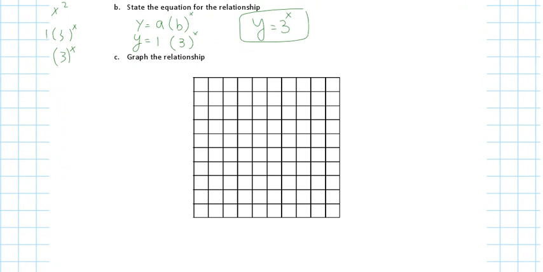Okay? So if I'm going to graph this, because my numbers are a bit tricky, I'm going to go up by 5. Or maybe I can go up by 2.